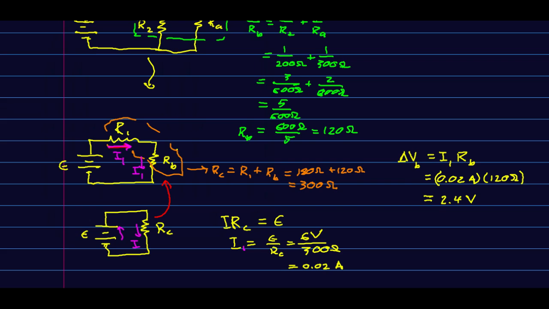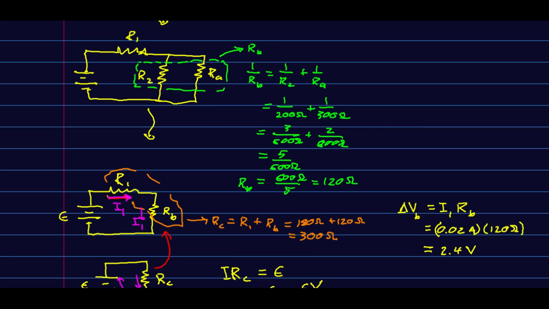Now, that's going to be useful to us because at our next step of reconstructing the circuit, RB is breaking back out into R2 and RA, but those are in parallel. So we now know that this delta VB is delta V2 and delta VA, because they are in parallel.